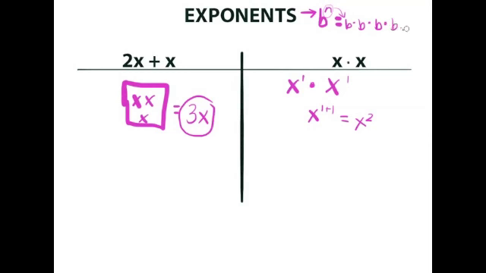We could just keep going depending on what that number is. So let's say I gave you x to the third. That would mean I want you to take this x, the big number, and multiply it 3 times.